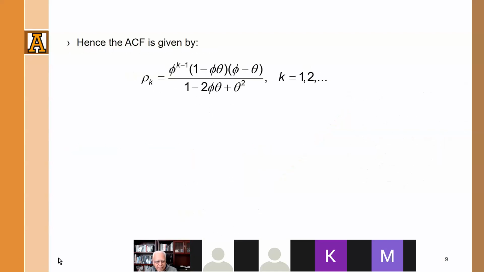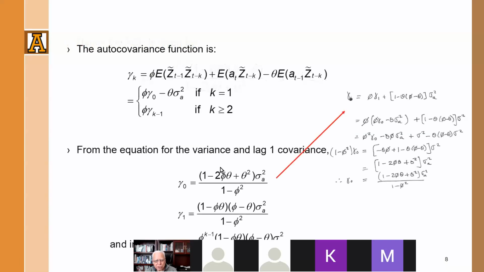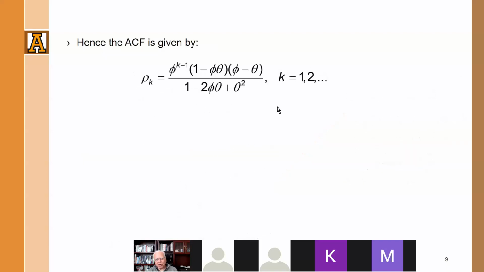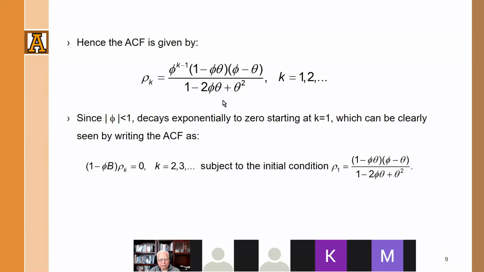Now, using these expressions here for gamma 0 and gamma 1 and so on, we can write down the autocorrelation function as phi to the k minus 1 times 1 minus phi theta times phi minus theta, divided by this thing. Those are the autocorrelations.